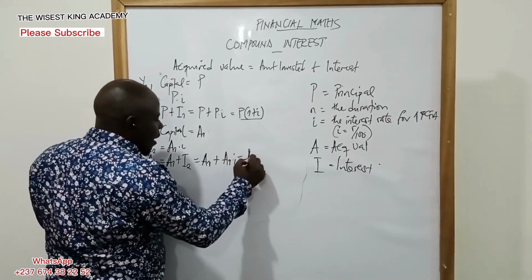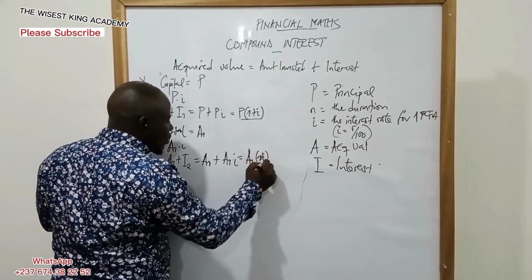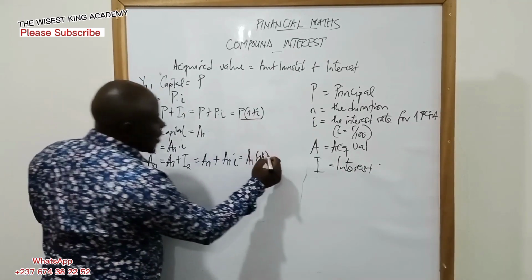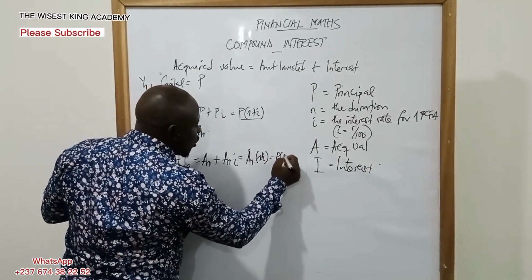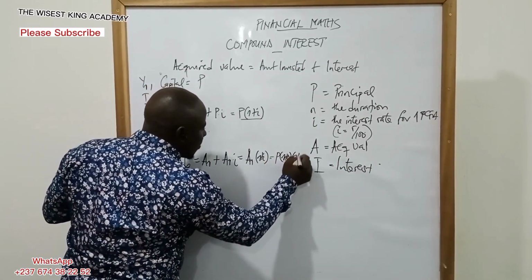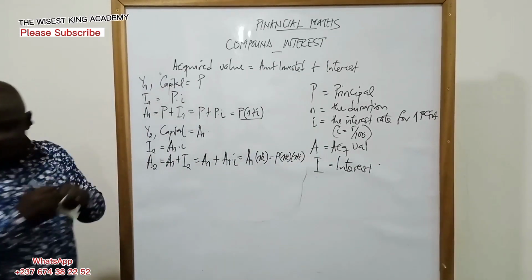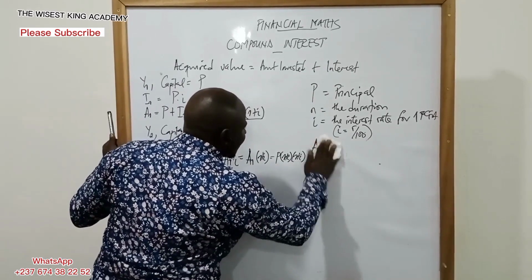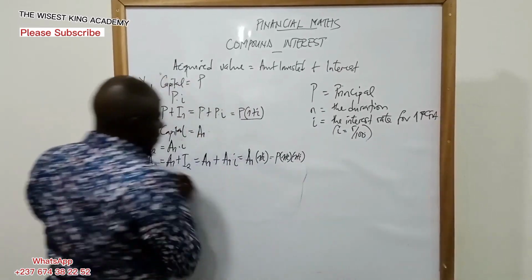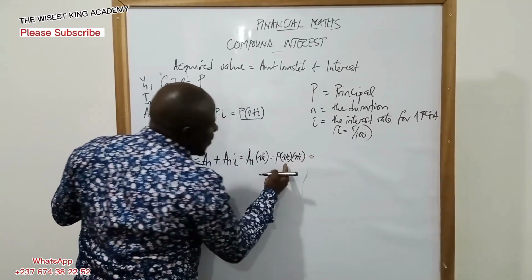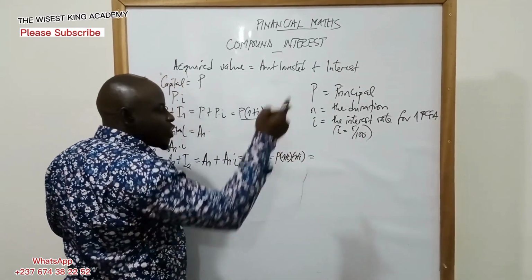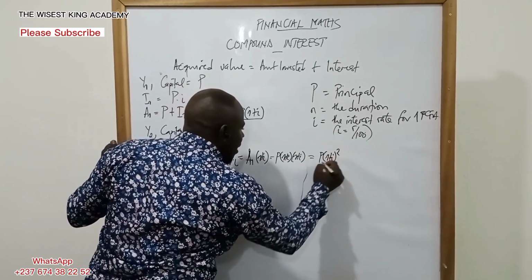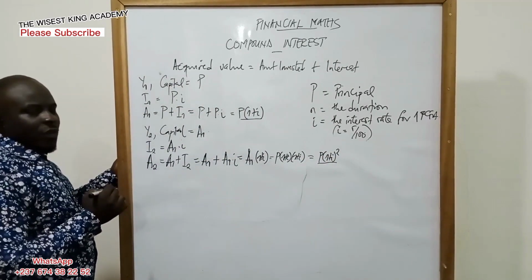So we have A1 into 1 plus I. But A1 is equal to P into 1 plus I. So this will be equal to P into 1 plus I, which is A1, times 1 plus I. Now, 1 plus I times 1 plus I will give 1 plus I squared. So this will be P into 1 plus I raised to the power 2. That's the acquired value at the end of the second period.